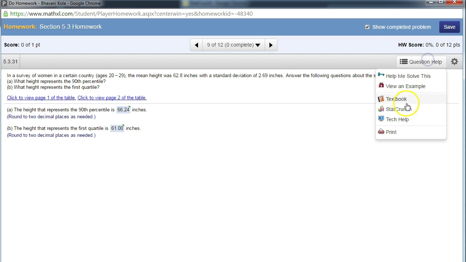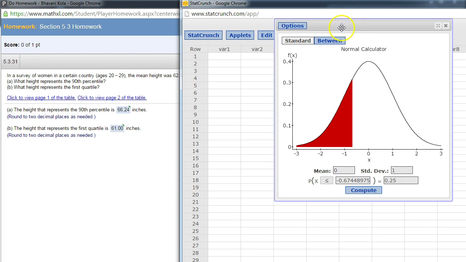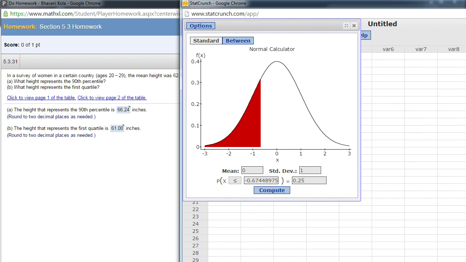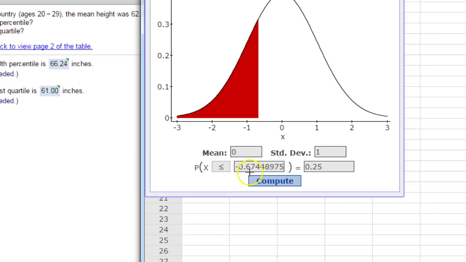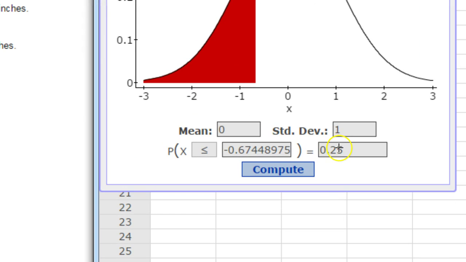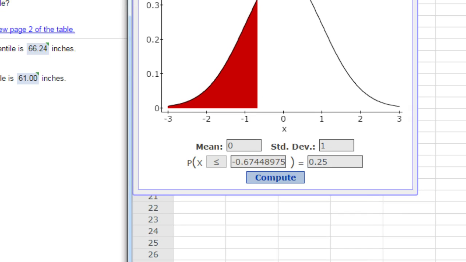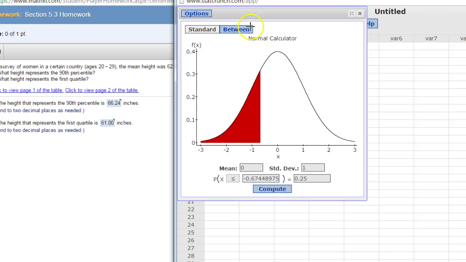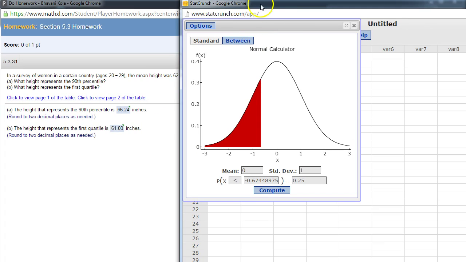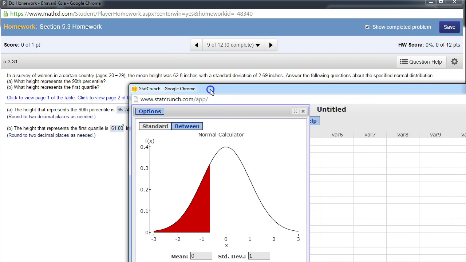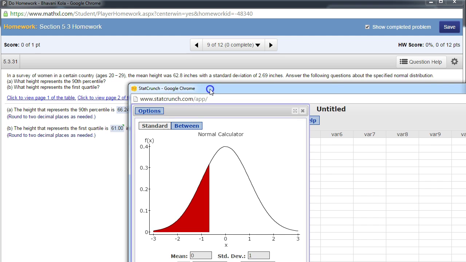I'm going to open up my StatCrunch here. This is a standard normal curve because my mean is 0 and my standard deviation is 1. And the one I have right now doesn't have a mean of 0 and standard deviation of 1, so I need to go back and change that. The mean here is 62.8 and standard deviation is 2.69.